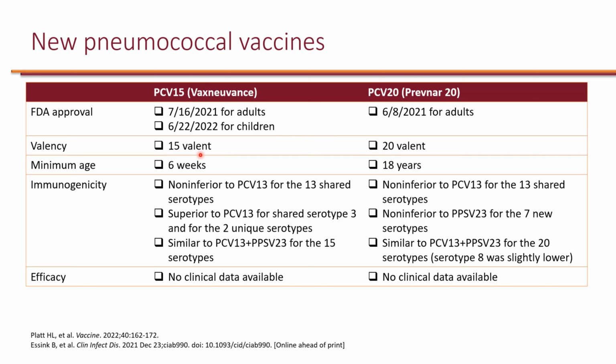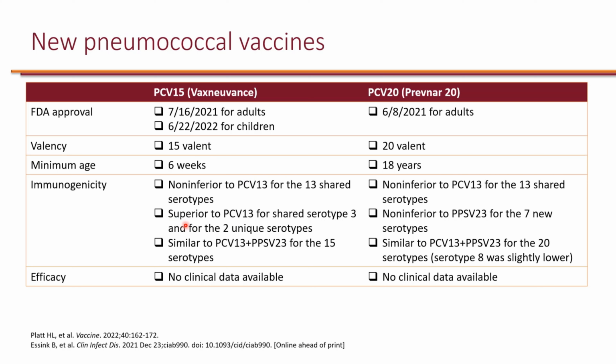PCV15 has 15 serotypes, and it has shown non-inferiority when it comes to immunogenicity to PCV13. All of the 13 serotypes in PCV13 are included in PCV15, and it has 2 additional serotypes.